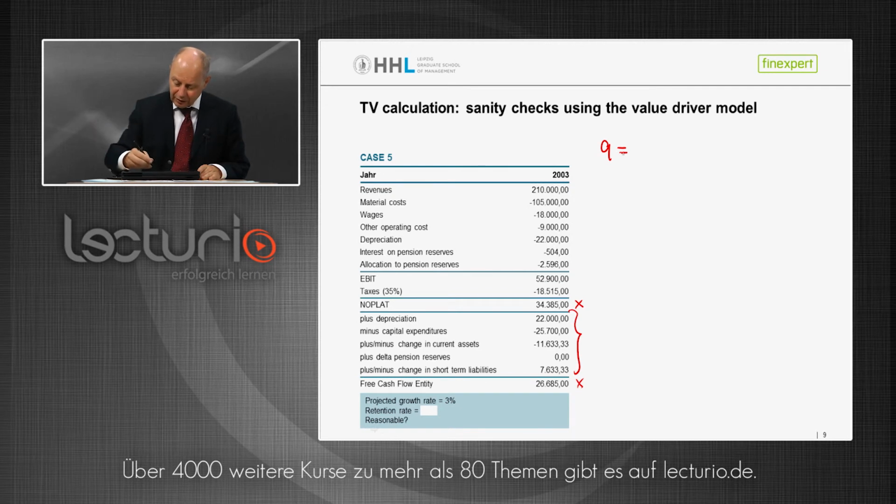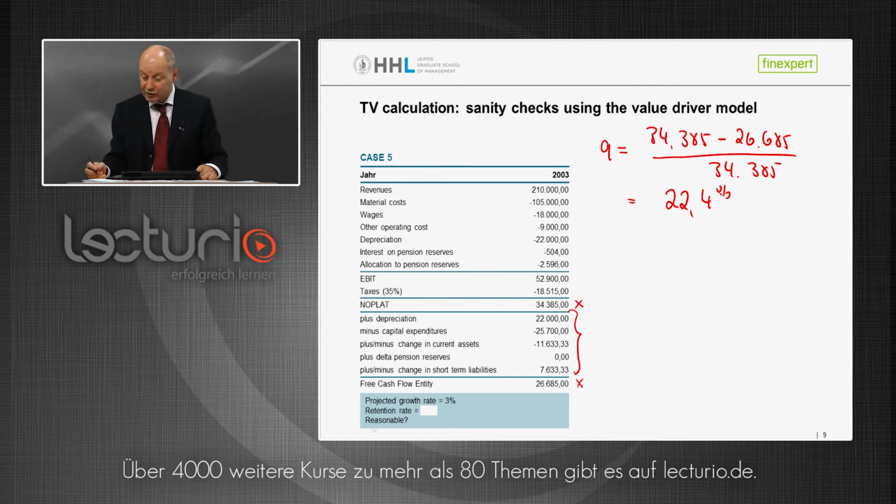So the retention rate in this case is here 34.385 minus 26.685 over 34.385, and that's now already a significant fraction of NOPLAT that is set aside, that it's 22.4%.